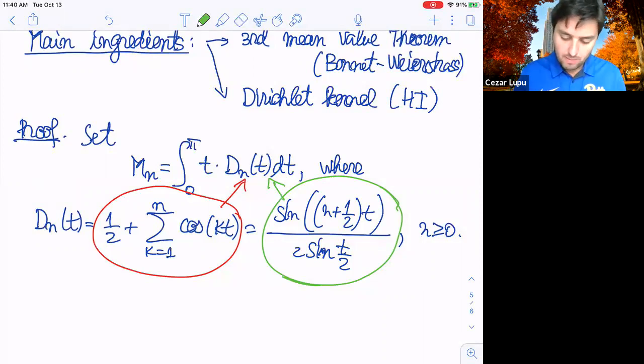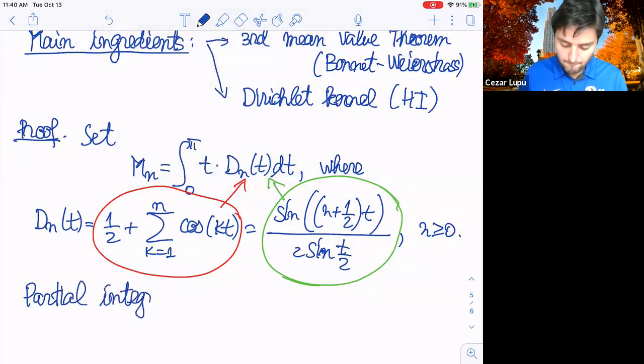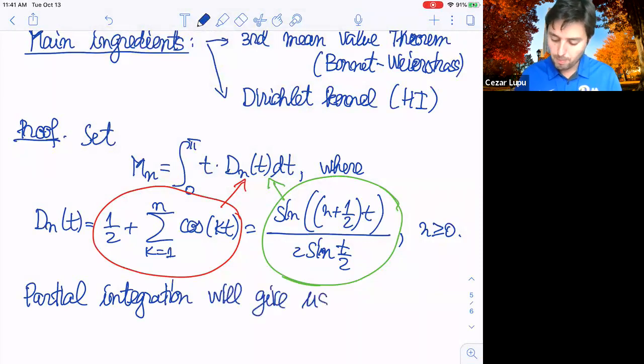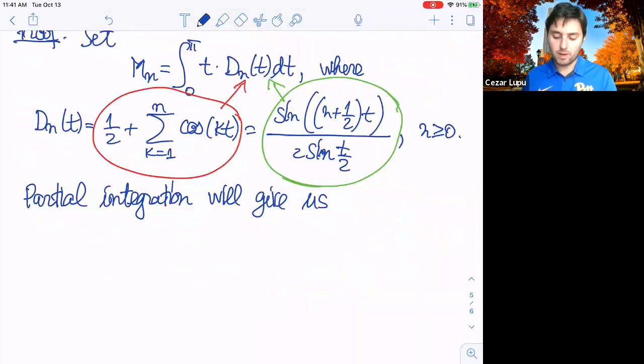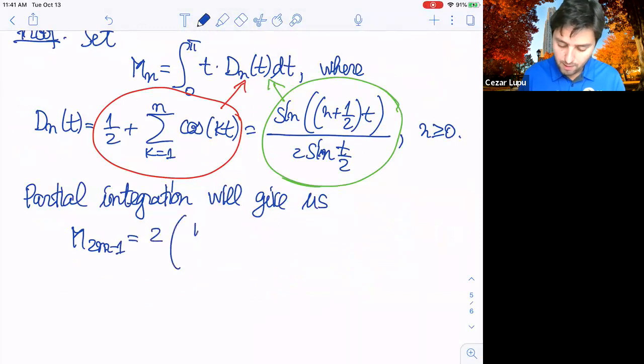So we can say that partial integration will give us the following. So it will be m sub 2m minus 1. So I'm going to write it in this one. You'll see immediately why.